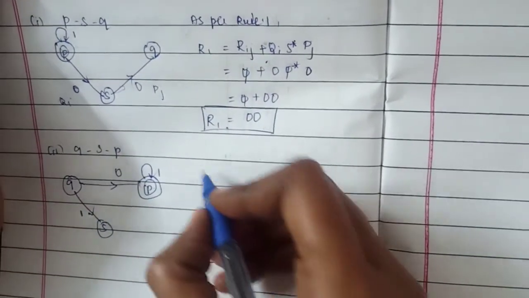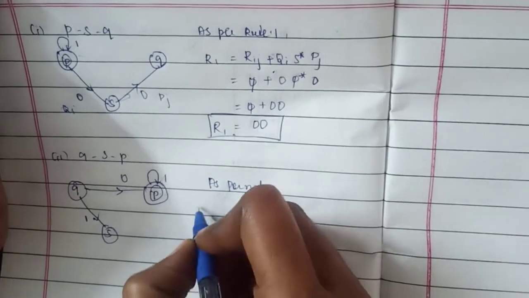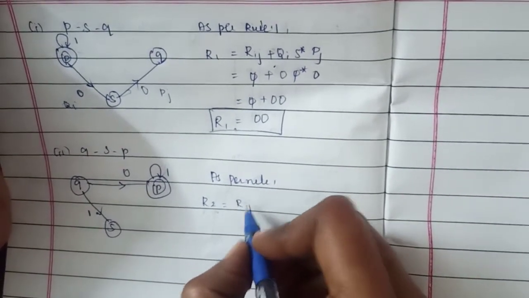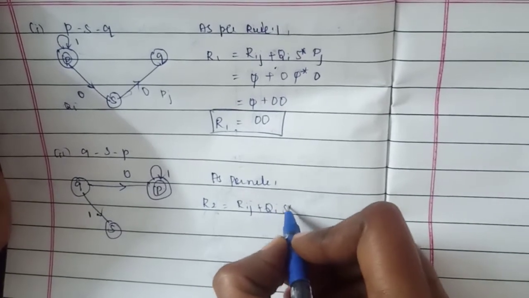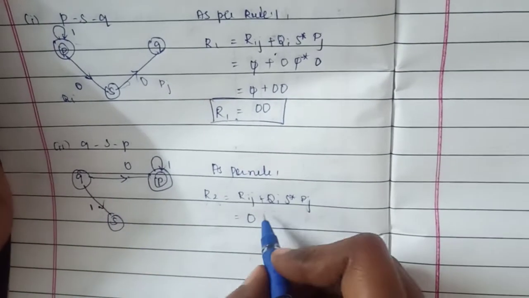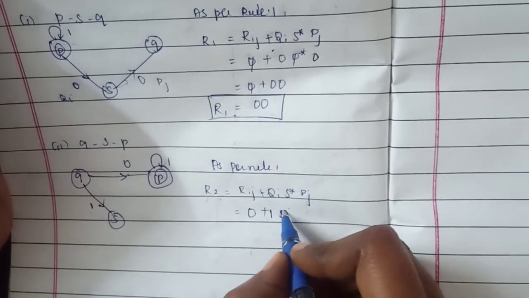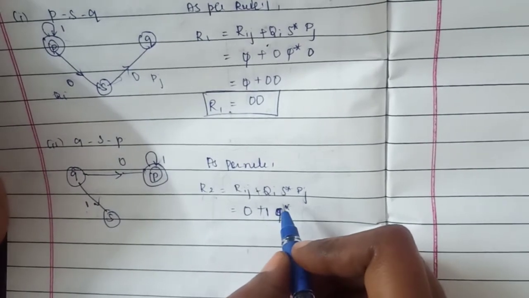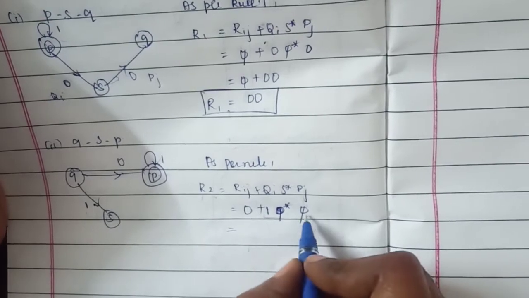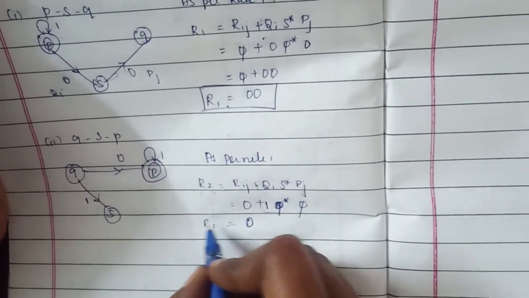So as per rule 1, R2 equals Rij plus Qi S closure Pj. So here 0 plus Qi is 1, and there is no S closure, which is known as null, phi closure, and we'll have phi. When you multiply with phi, everything will be phi. So my R2 will be 0.